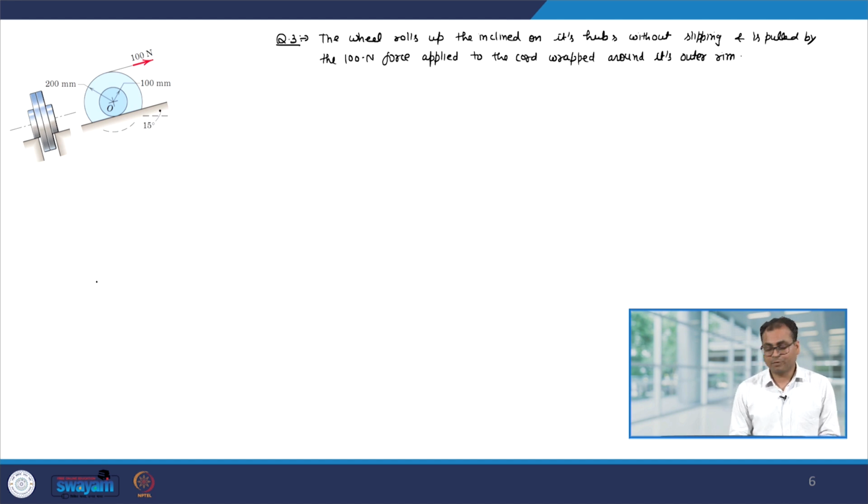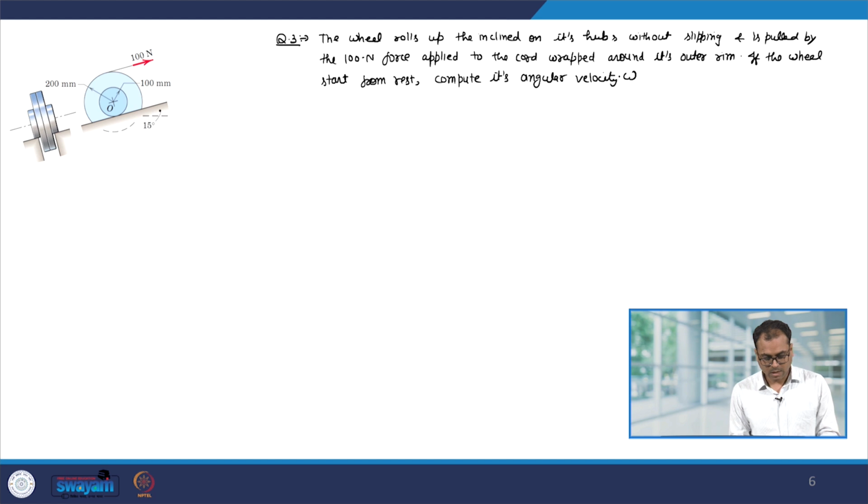If the wheel starts from rest, compute its angular velocity omega after its center has moved a distance of 3 meter up the incline.